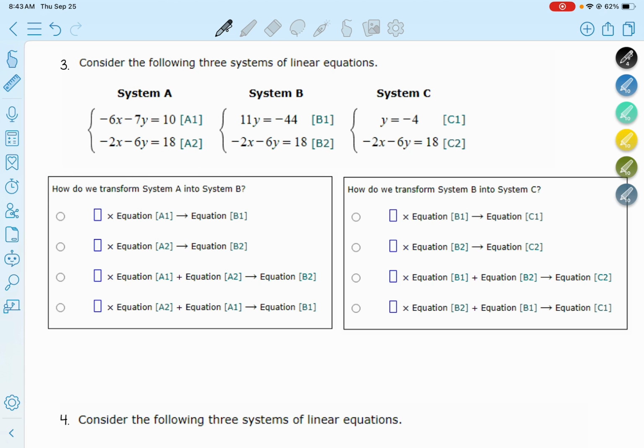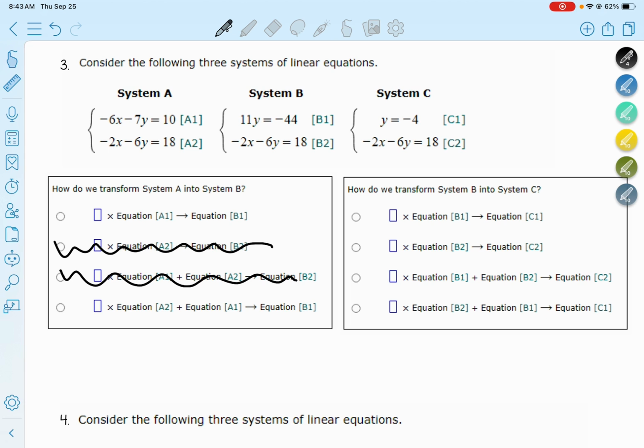So if I'm looking at these, I can clearly see that B1's my equation that changed, so I'm going to get rid of all my resulting B2 equations. Then from here, I'm looking and seeing, okay, did I simply multiply or did I multiply and then add?